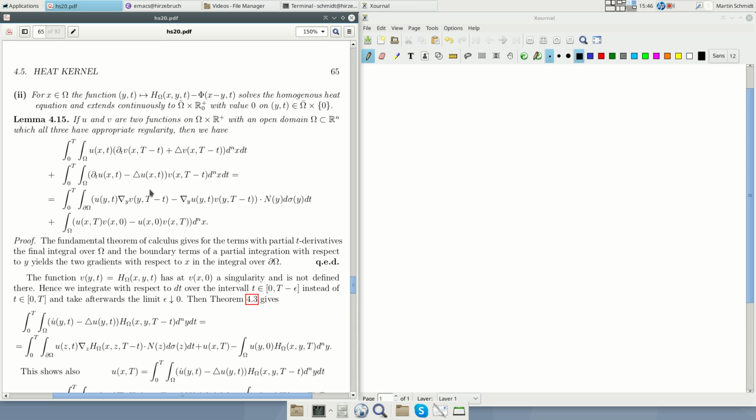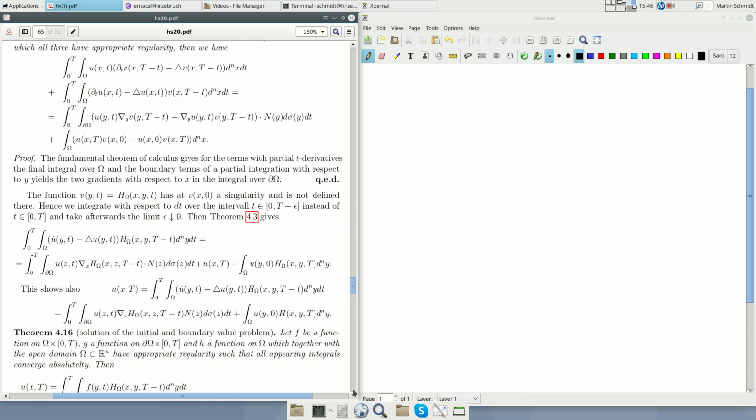So we get this term, which is this integral, and on the right hand side we have this term, and then this integral gives this term, by this limit, epsilon going to 0, and by Theorem 4.3, and this integral finally gives this integral.